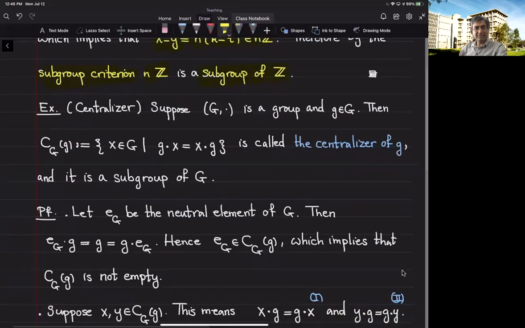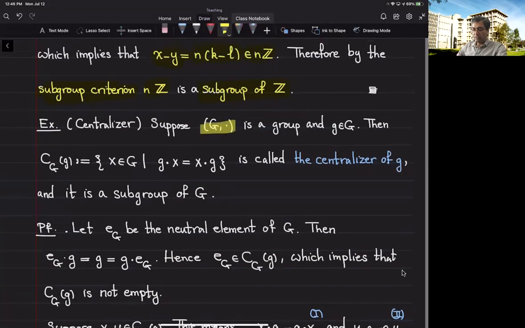Now let's try to understand the centralizer of an element. What does that mean? I give you a group G with an operation dot. I give you an element, small g. I'm fixing this small g, I'm not changing it, so maybe it's better to call it g naught.